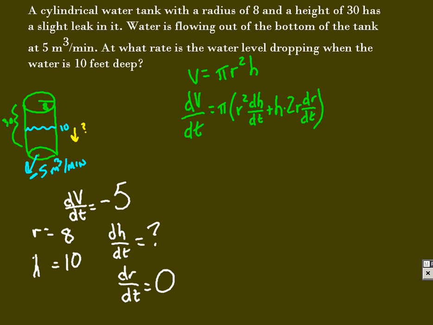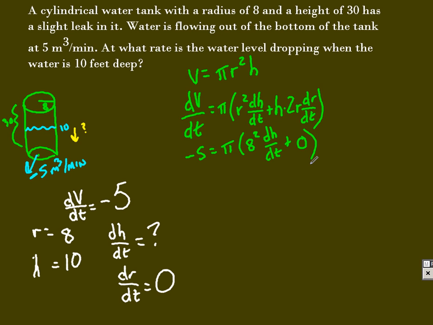So now let's plug in what we know. We're going to plug in dV/dt is negative 5, pi times r squared dh/dt. r is 8, dh/dt we don't know, so it has to stay as it is, plus h times 2r times dr/dt. Well, dr/dt is 0, so that whole thing is going to go to 0.